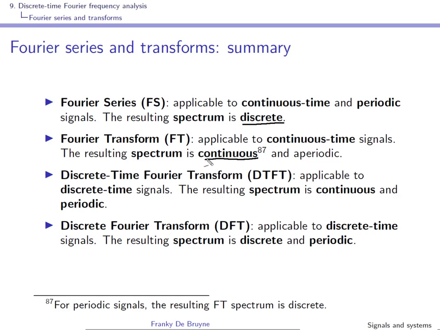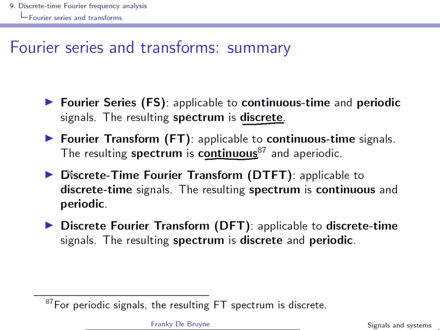Except of course if you take a periodic signal, then the Fourier transform will still be discrete. For instance, if you take the Fourier transform of a sine, you'll have only a spike at the frequencies omega 0 and minus omega 0.